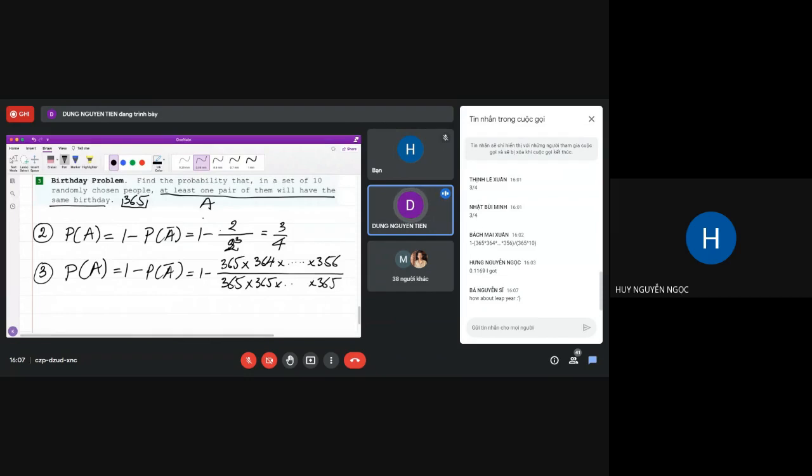Now, if you want to talk about the other option with 366 days per year, you need to consider the chance for those born on February the 29th.